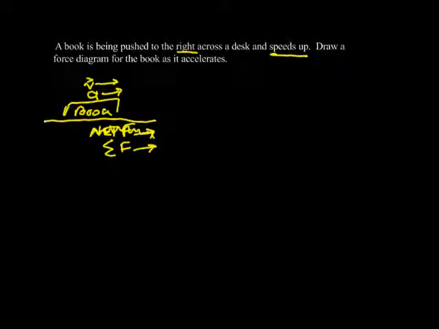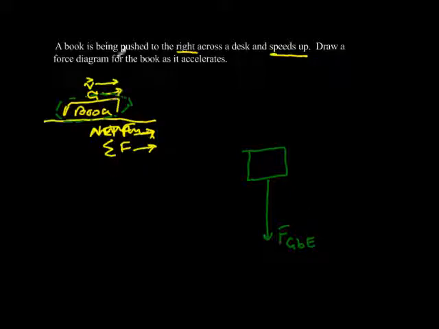So the first thing I need to do is identify the system. Here is my system. I'm going to draw a box. We are on Earth, I know that, so I'm going to draw an arrow down: the force of gravity on the book by the Earth.